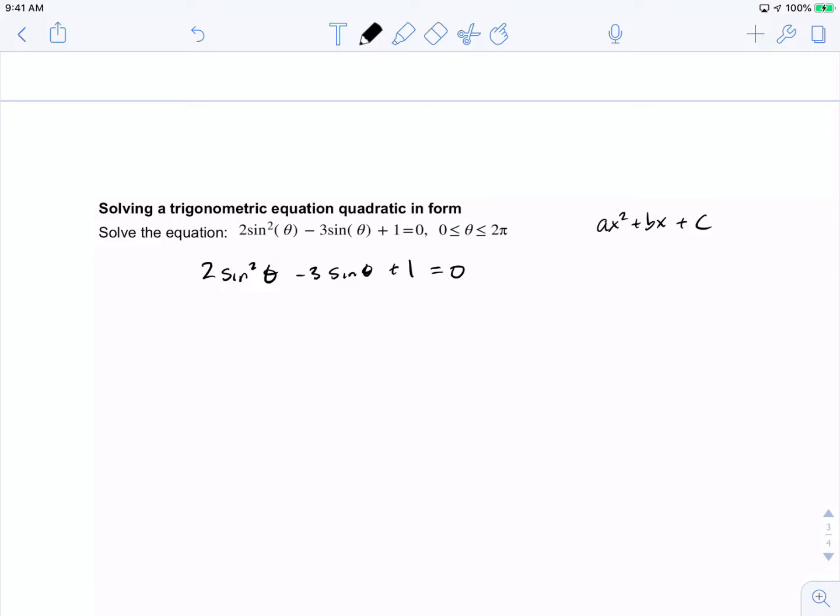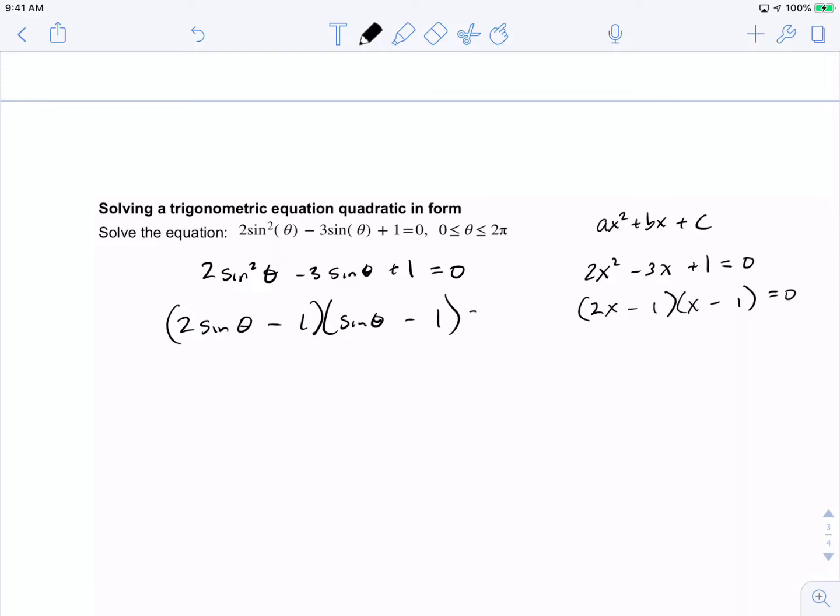And so that would have been the same as going 2x squared minus 3x plus 1 is equal to 0, where our x is sine. And so we see that this would have been 2x and x and 1 and 1 and minus. So this is going to be 2 sine theta and sine theta and 1 and 1 and minus.